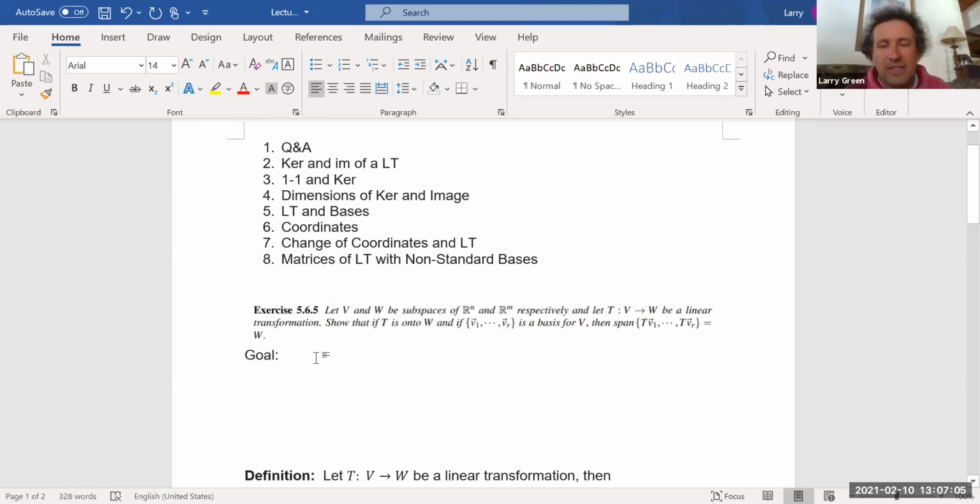Okay, so in particular, what does it mean for the span of Tv1 through Tvr to be equal to W? That is, any vector in W can be written as a linear combination of vectors Tv1 through Tvr.